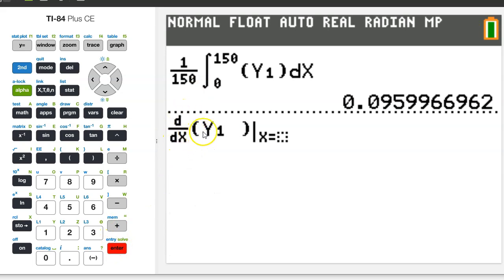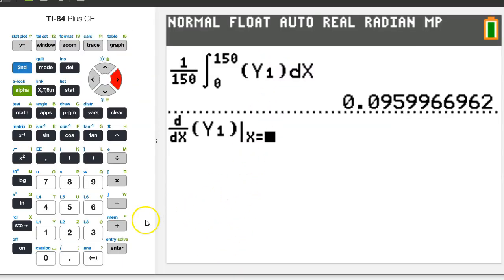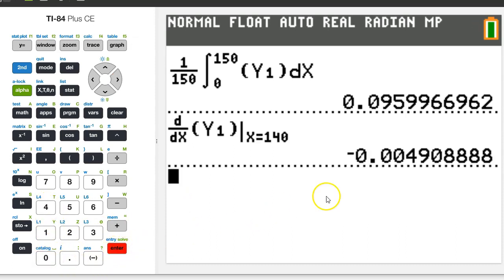So this is the derivative of g of t at, and we are to evaluate at 140. So simply type in 140 right here, and kabam, negative 0.004 if you truncate, or negative 0.005 if you like to round.